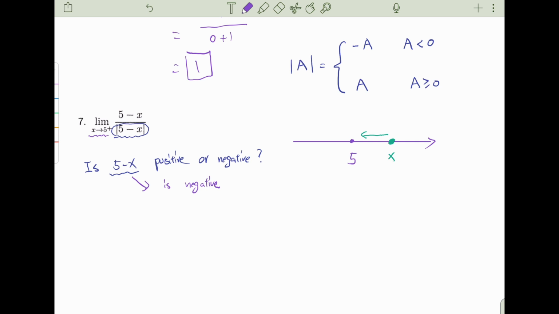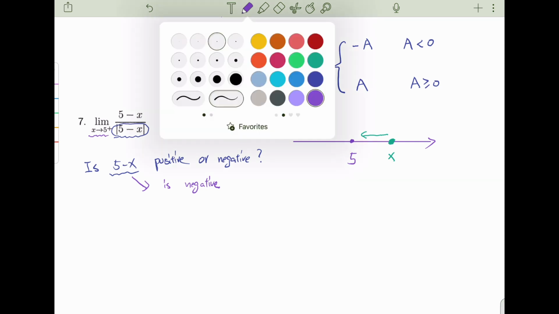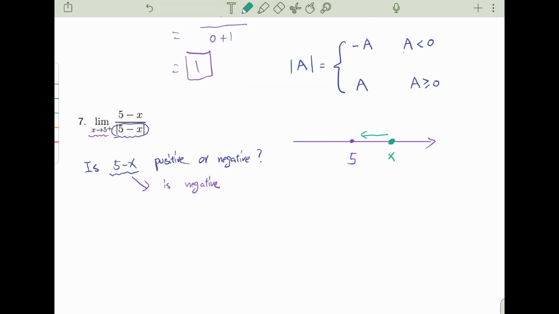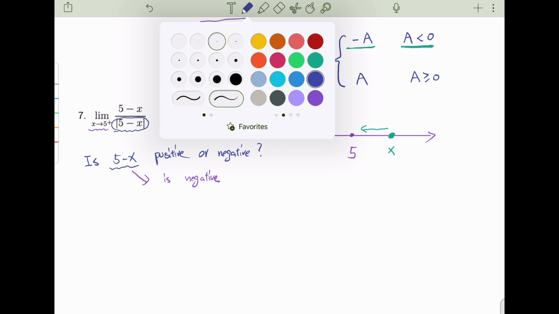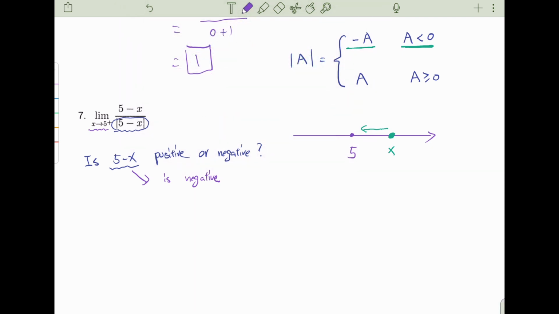And according to our discussion, if the inside was originally negative, then when we remove the bars, we will need to place a negative sign in front of that stuff for the adjustment. Okay, so now the thing here is very clear.